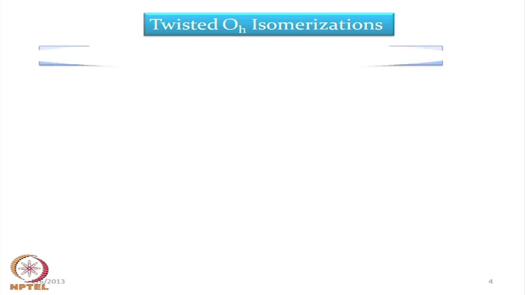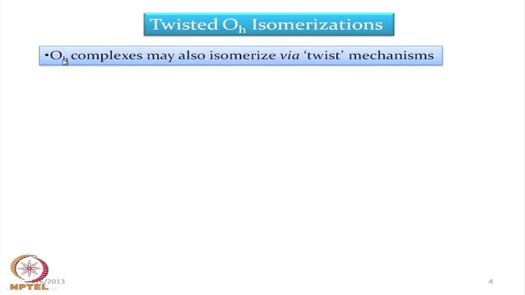We see that octahedral complexes can also undergo isomerization by a twist mechanism, unlike the Berry pseudo rotation for the 5 coordinated species, but in the octahedral situation a different kind of twist mechanism is operating, and that twisting can give rise to isomerization in octahedral complexes.